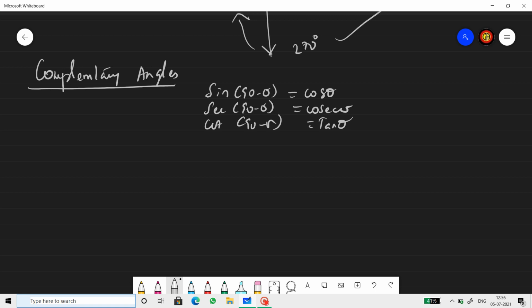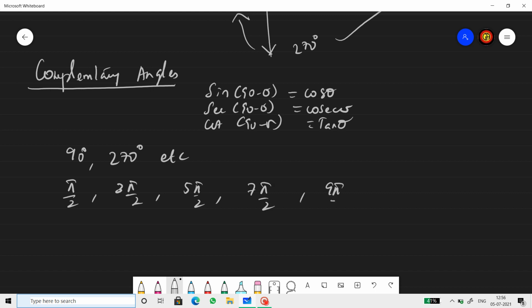So angles which are odd multiples of 90, like 90, 270, etc., that is pi by 2, 3 pi by 2, 5 pi by 2, 7 pi by 2, 9 pi by 2, etc. In all these, the complementary theorem gets applied, which means sine gets converted to cos, or cos to sine.